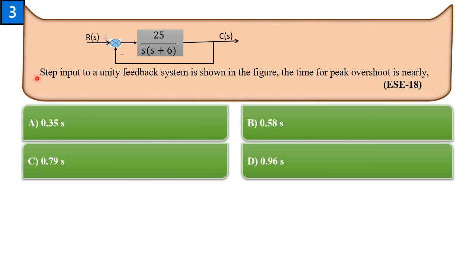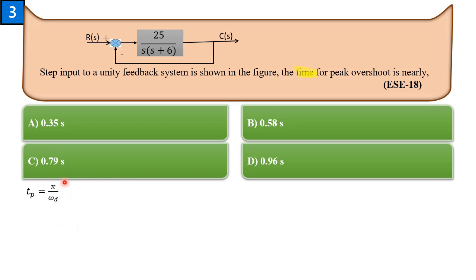So now we will see our next question. A step input is given to the unity feedback system shown in this figure. The peak time of the system, it is asking about time, not peak overshoot. Time means it is asking about peak time.